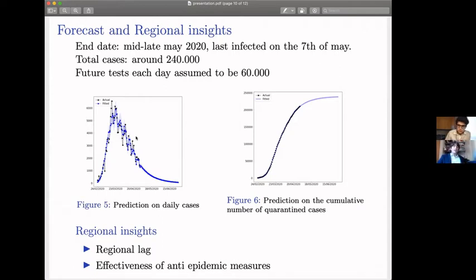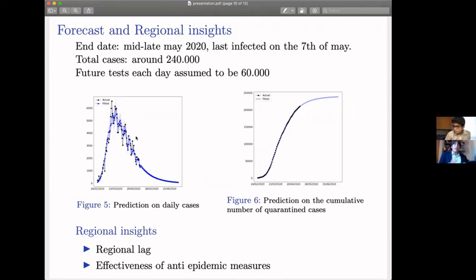We also find the last infection to happen around the 7th of May. So reasonably, the outbreak will be mostly over around mid to late May 2020. The overall estimated duration of the epidemic is slightly longer than in China, probably because of less stringent public health policy in Italy.